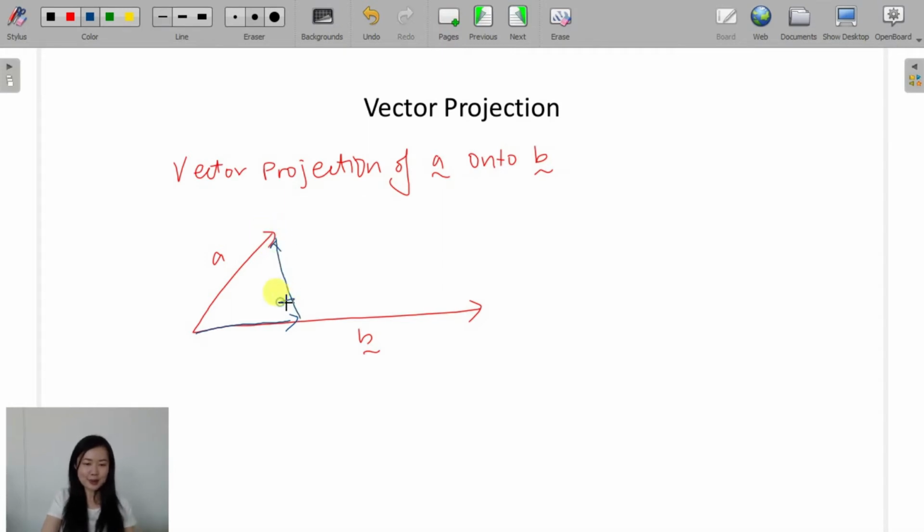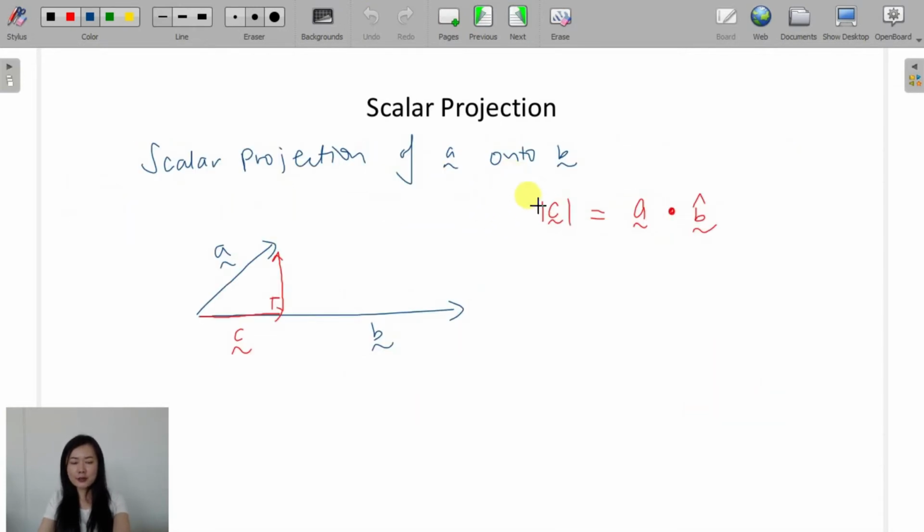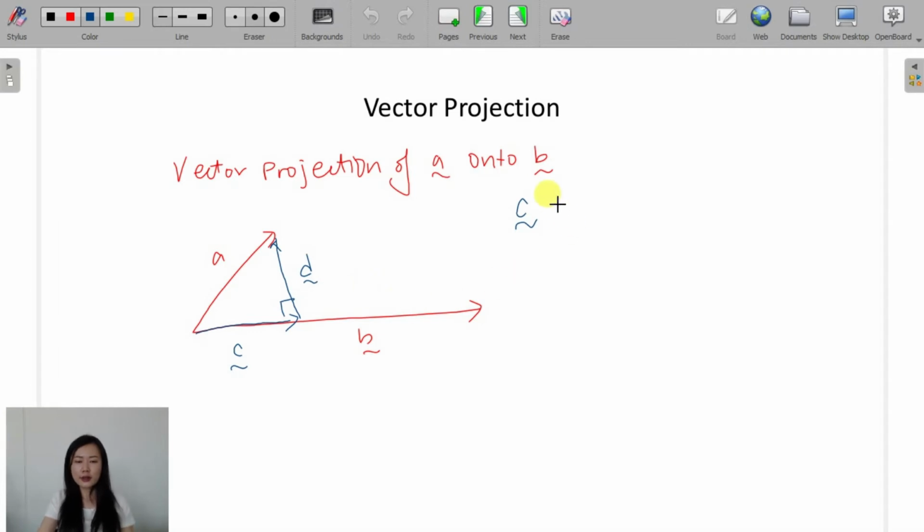It's supposed to be perpendicular, I didn't draw it too well. So vector C is basically the vector projection of A onto B. The only difference compared to scalar projection, which only gets you the magnitude, is that now we need a magnitude and direction. We get that by multiplying by the unit vector. The unit vector gives you the direction component without the magnitude because the magnitude is 1. So that's all it is.